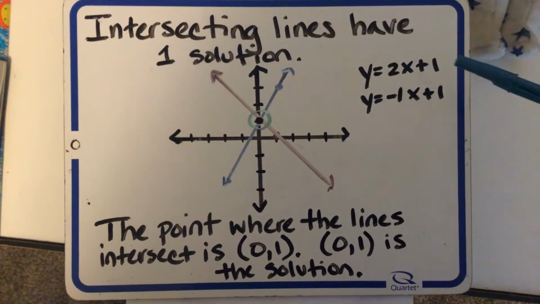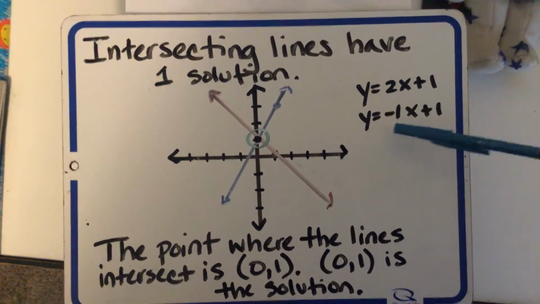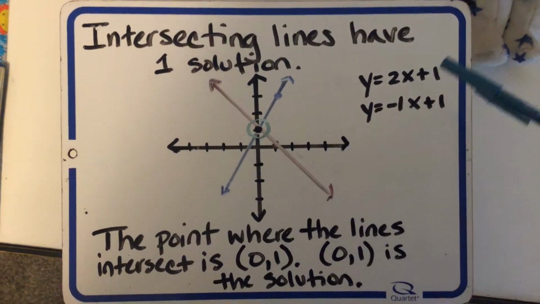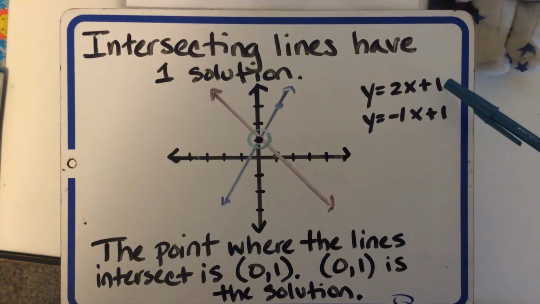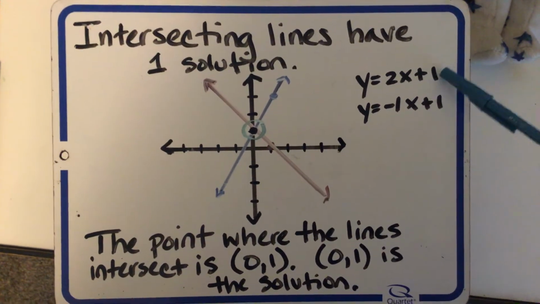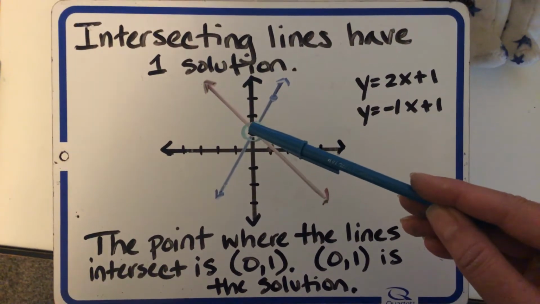So let me show you these two equations. So we had y equals 2x plus 1 and y equals negative 1x plus 1. These are actually graphs of these two equations. So let's look at them. Y equals 2x plus 1. Remember, when you graph a line, you go to the y-intercept, which is the b. Y equals mx plus b, remember? So you put your point at 1.